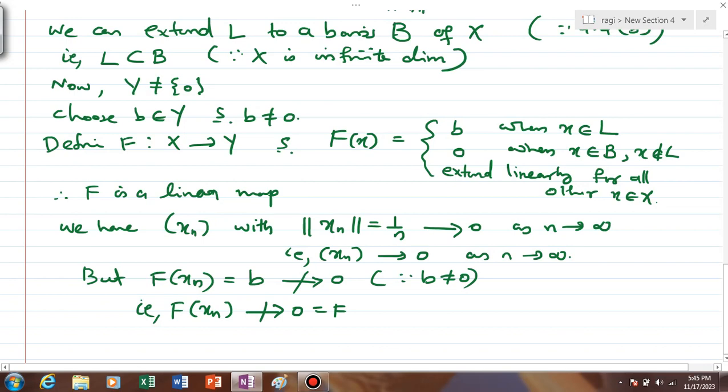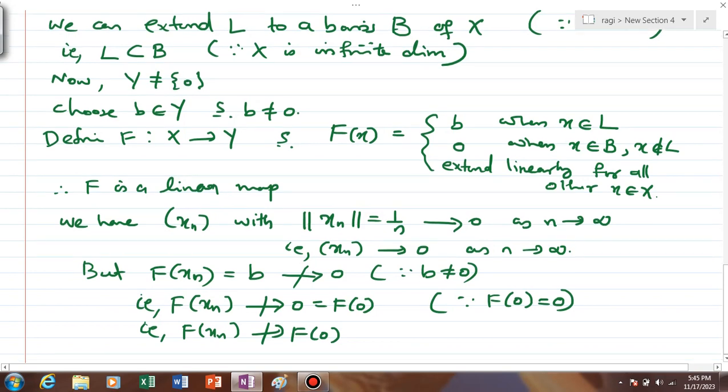This is equal to F of 0, since we know that every linear map maps 0 to 0. That is, F of xn does not converge to F of 0, even though xn converges to 0. We have already shown that xn converges to 0, but F of xn does not converge to F of 0.